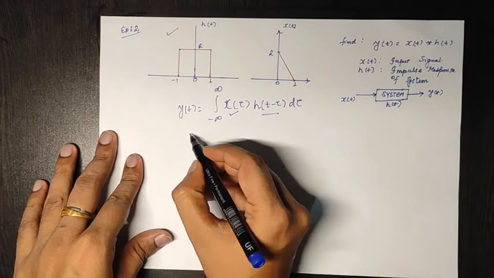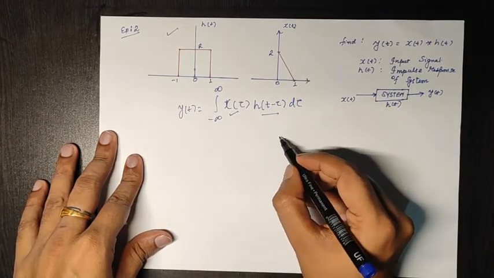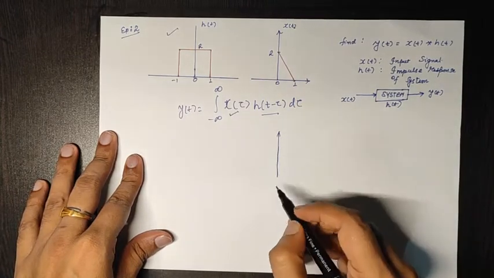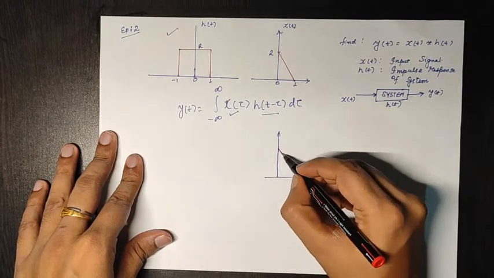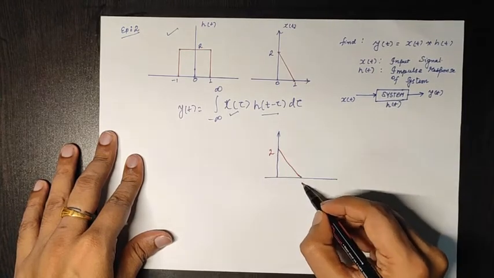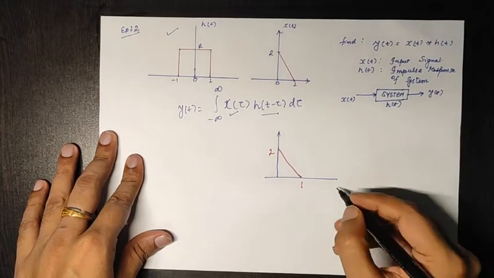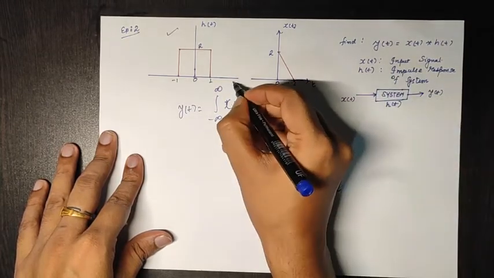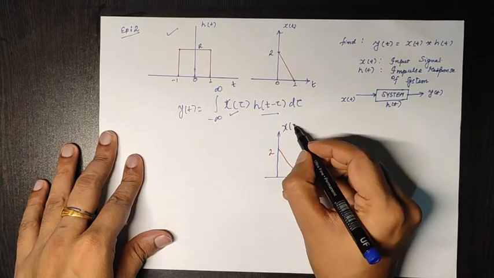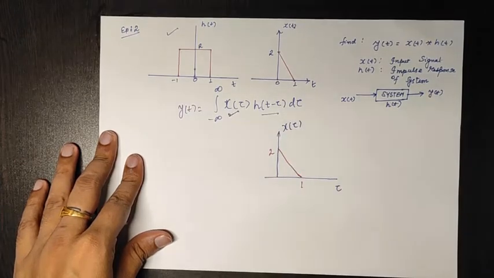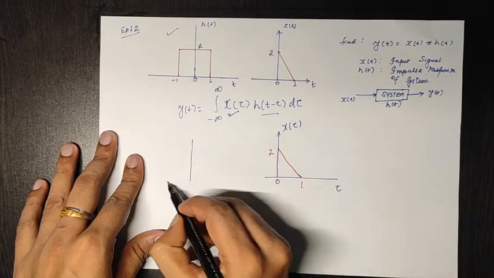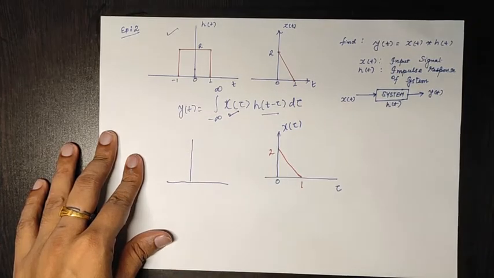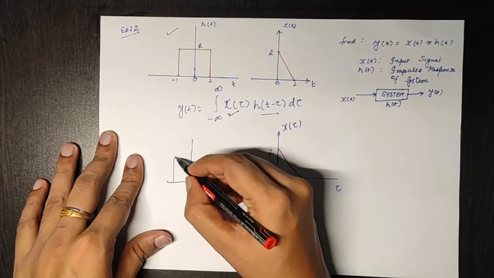Let's write here, x was t initially, now it will change to x(tau) because we are interested in x(tau). Then let's draw h(tau).